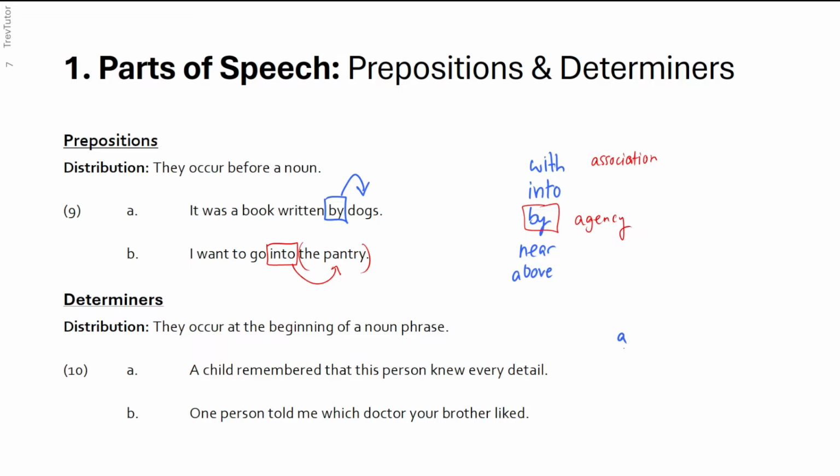So these are words like "the," "this," "that," with a noun after, and so on. So, "A child remembered that this person knew every detail." So "person" is our noun here, and "this" is a determiner that is pointing out specifically which person. It's giving information about number or specificity.